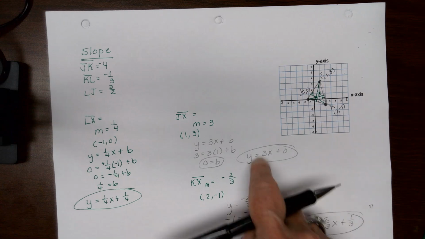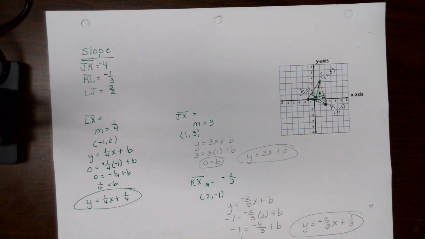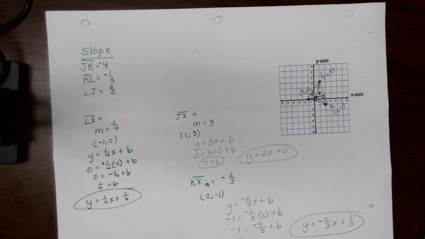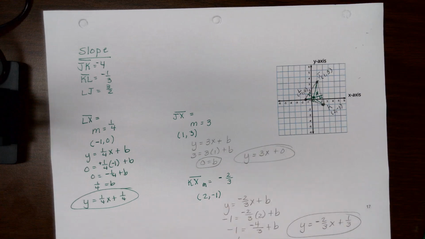Now I'm going to put all three of those into my calculator. So I have this one I'm putting in, and then this next one, and then I'm going to put that one in. I'm going to graph it.